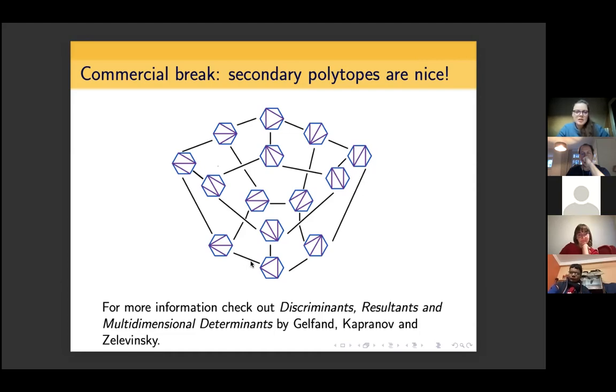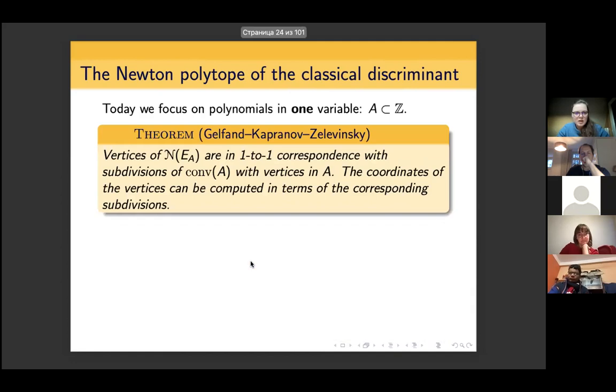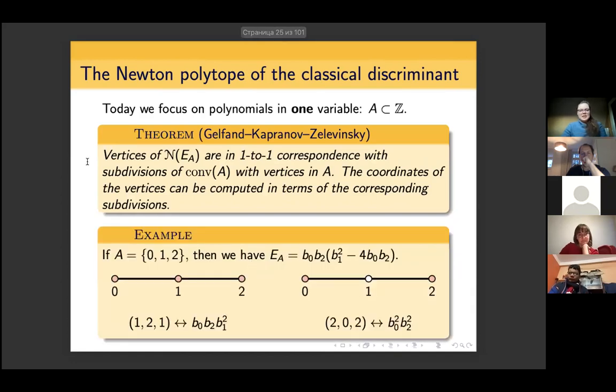I also need to say one more thing. As I said, in the univariate case, we have this theorem, and everything is nice about it.